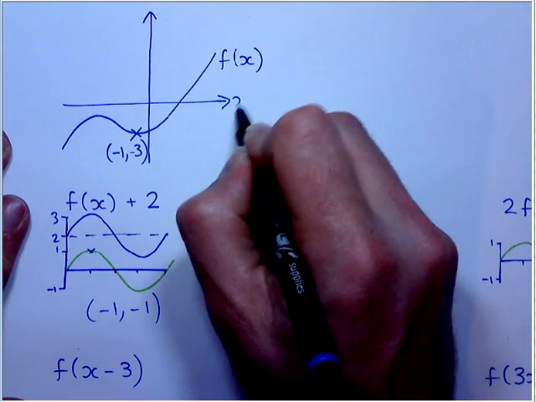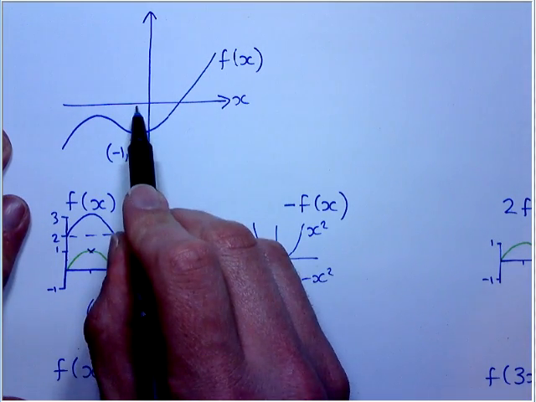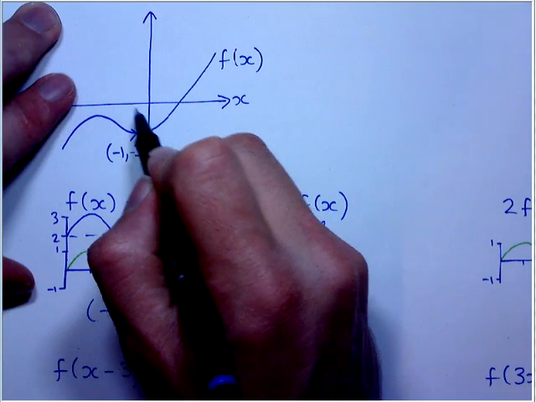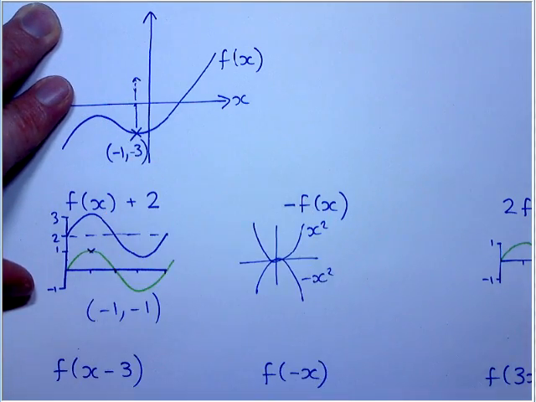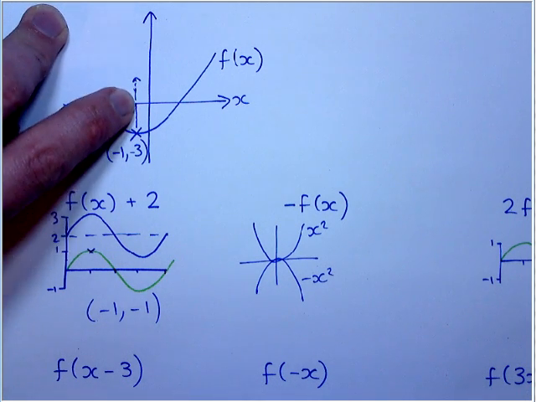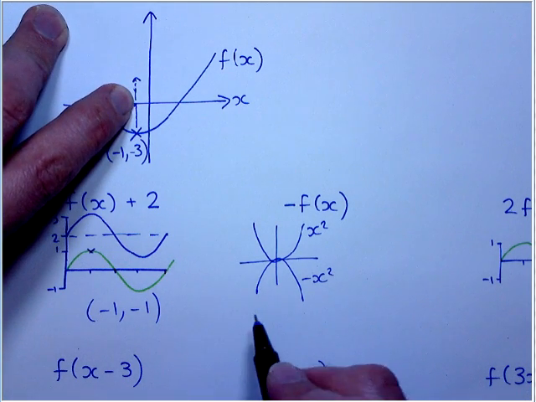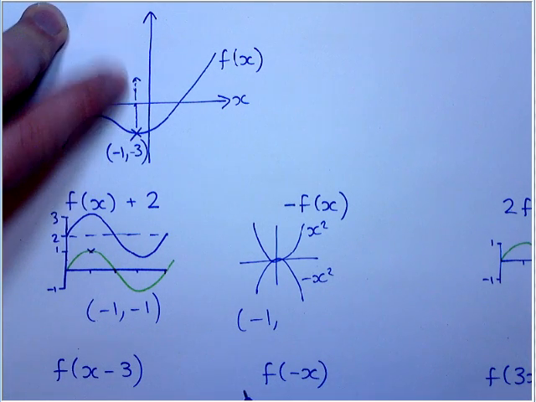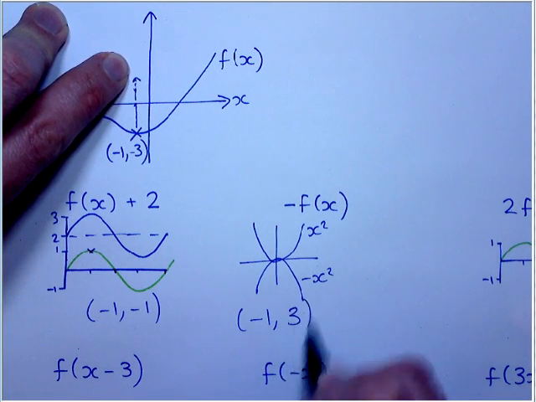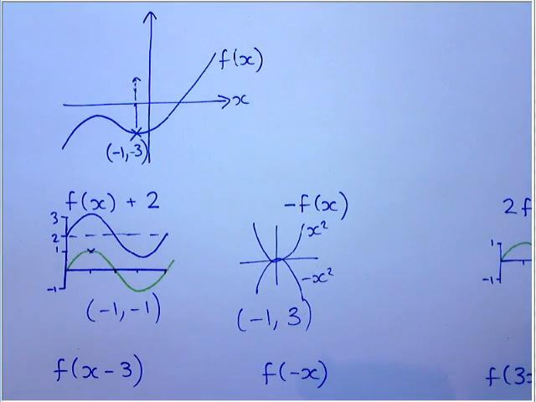Here's my x. I'm reflecting this point in this line, so it's going to appear the same distance away. So it's definitely going to be the same in the x, so that's going to be -1. And if it was -3 that way, it's now going to be 3 that way. And there we go, -1, 3.